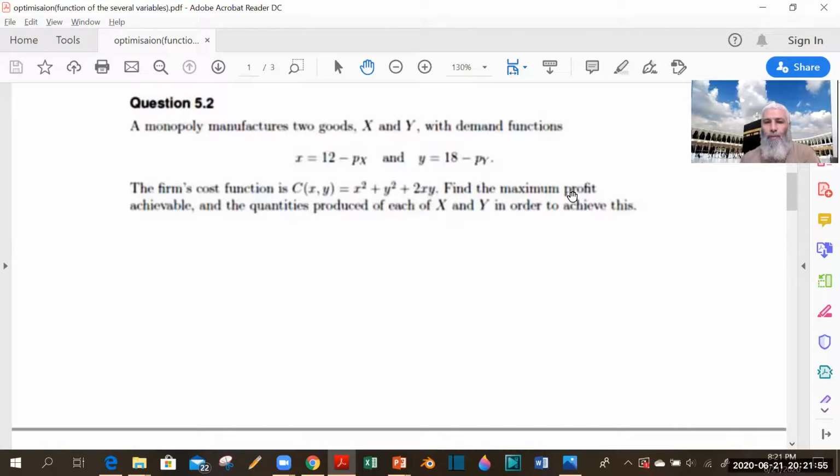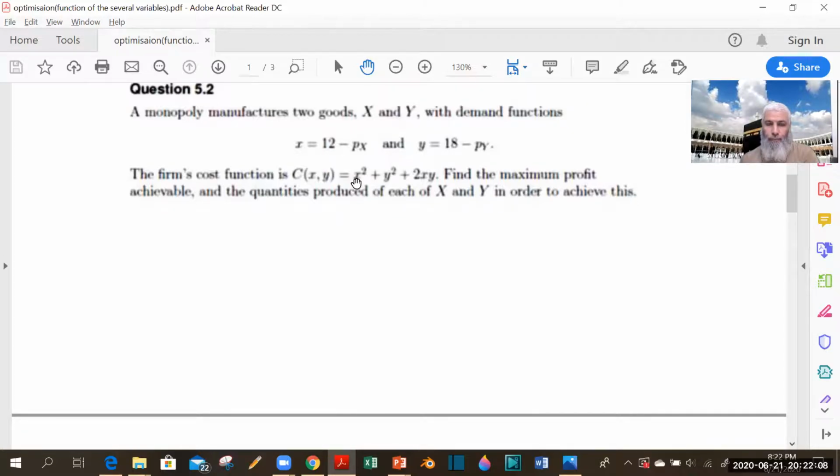Find the maximum profit available and the quantities produced of each of X and Y in order to achieve this.